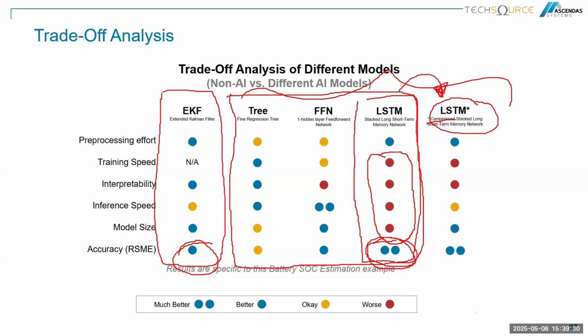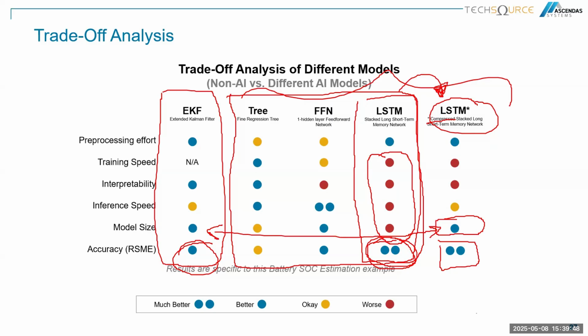So you can reduce the model size here. You will get the model size same as the EKF. Got the same size here, but the accuracy is much better. So this one is a trade-off.